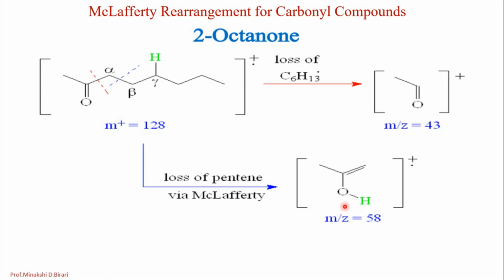As I have explained in detail about McLafferty rearrangement, there is the transfer of a gamma hydrogen, an intramolecular rearrangement to form the enol radical cation. So if you observe the peak at mass to charge ratio 58, that indicates the formation of enol radical cation via McLafferty rearrangement.